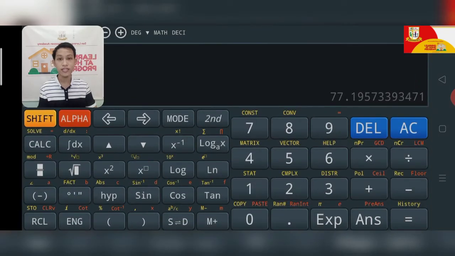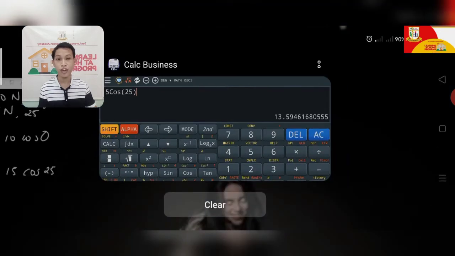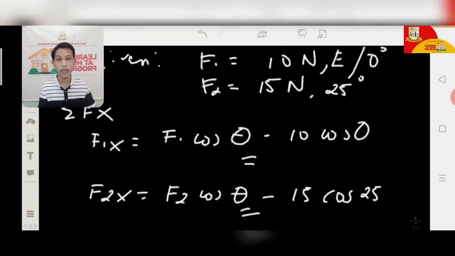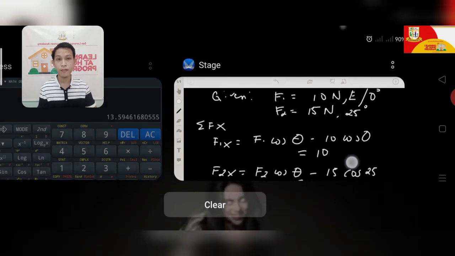So we'll have to type this on our calculator to easily solve. We have 10 cos 0, which will give us a value of 10. And then we have 15 cos 25, which is equal to 13.59. So that is for our horizontal components. We have again 10 and then 13.59.